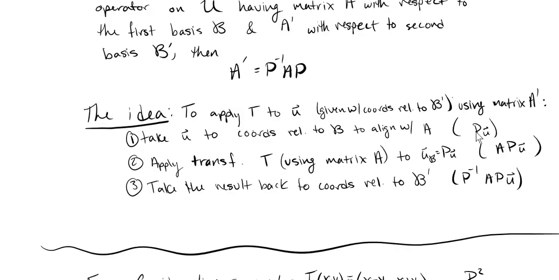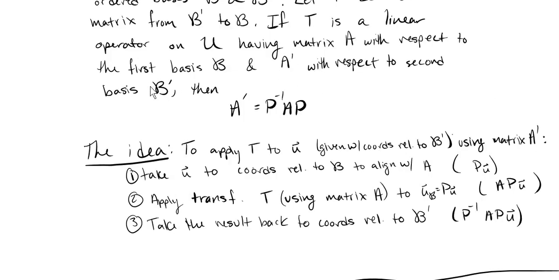Now this P times U is in terms of the right basis to apply A. So we can apply the transformation just by multiplying by matrix A. That's like applying our actual transformation. But remember, A spits out something relative to B. We wanted this A prime matrix to spit out something relative to B prime.